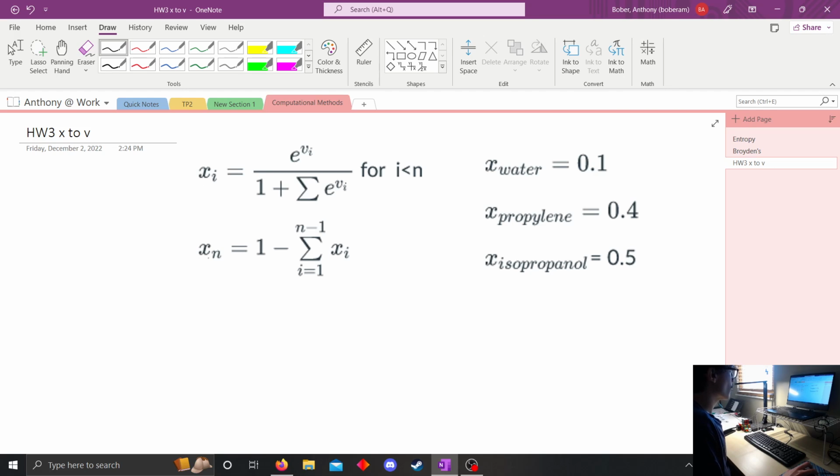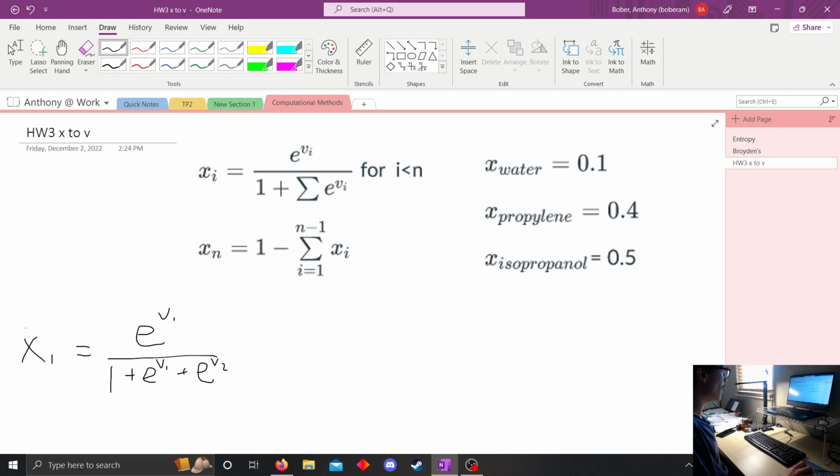So if we're just looking at one component, we can start out by writing this out. We'll have x1 equals e to the v1 divided by 1 plus, and then this summation is going to be e to the v1 plus e to the v2. It's just going to be all of our e's.